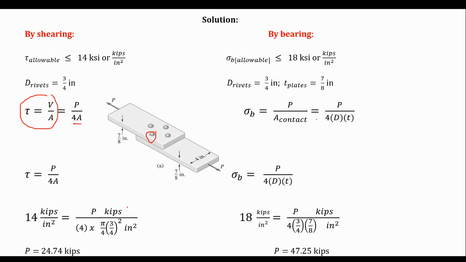So the bearing stress on the hole is what we look at. If we substitute the values, sigma B is 18 kips per square inch equal to force P divided by 4 times D times T. Take note, be consistent with units.